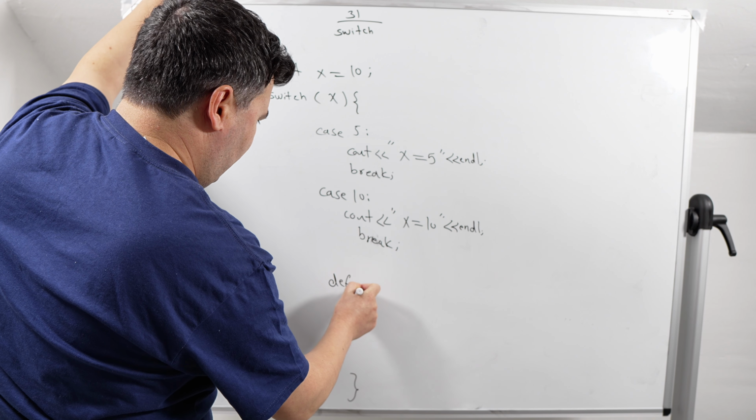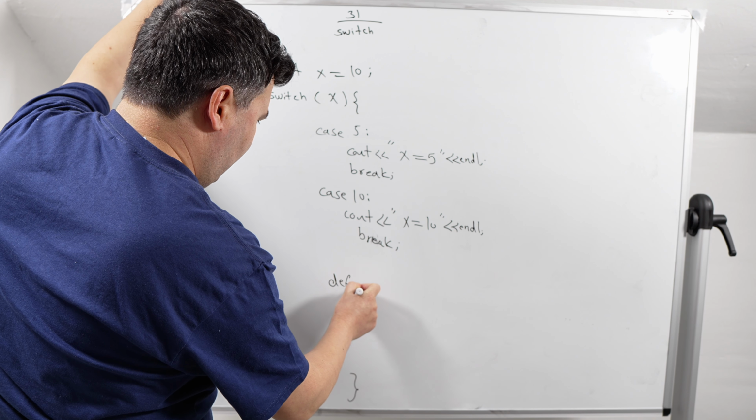So if you see in this example, we declared a variable called x, and we assigned it a value of 10. And now we use the switch statement to check the value of x with the case statements. So here we have the x, and then we have our first case, which says case 5.